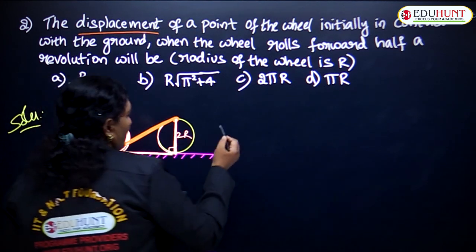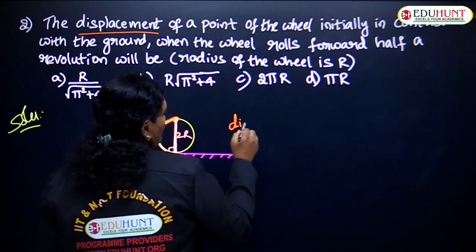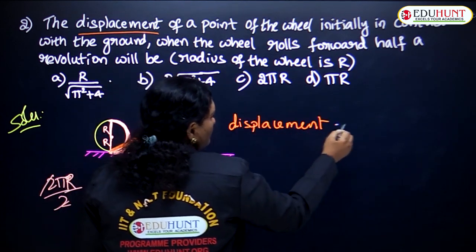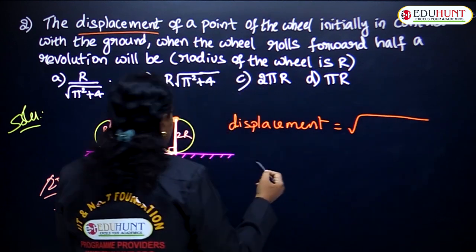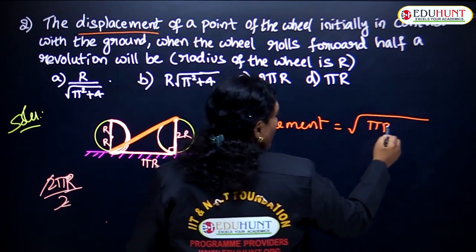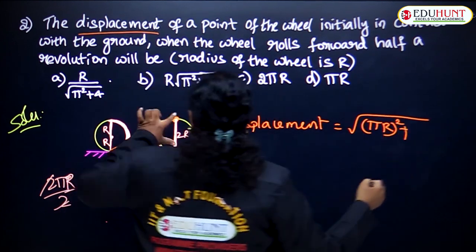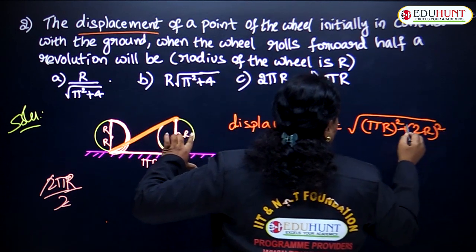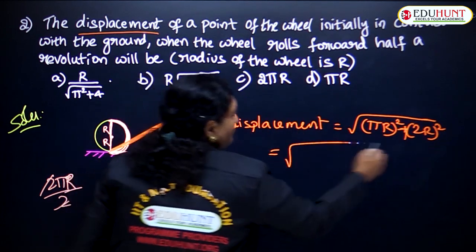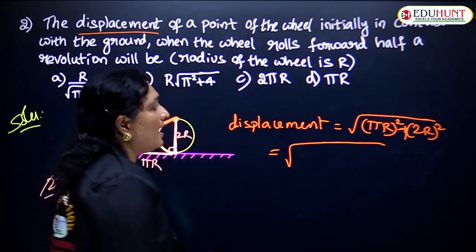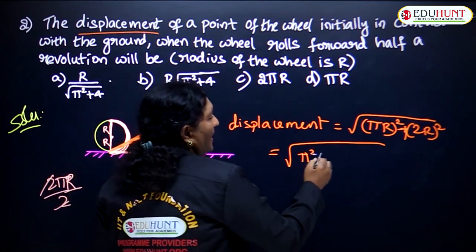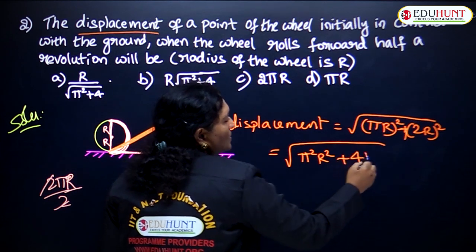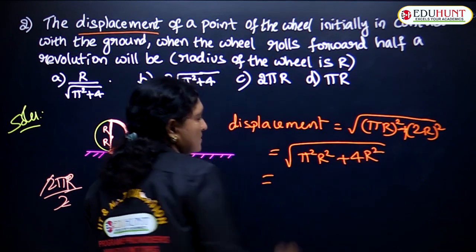So let us try to find out. Hence the displacement is equal to root over, this length, what is that children? Pi R whole square plus this length 2R whole square. Let us try to simplify the same. Pi R whole square is pi square R square plus 2R whole square is 4R square.